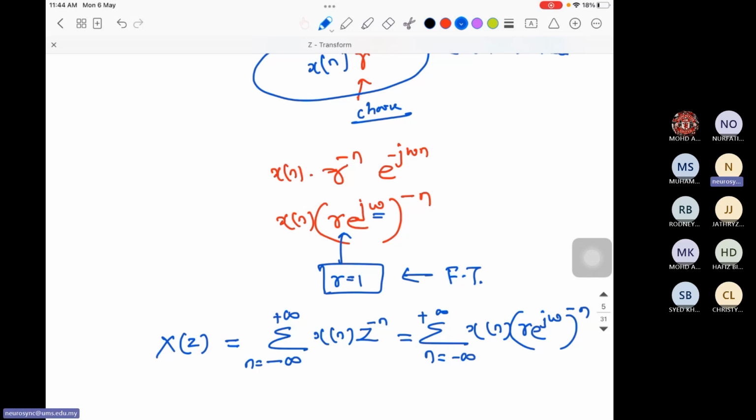Okay, so this is the formal definition of the Z transform, X(z).